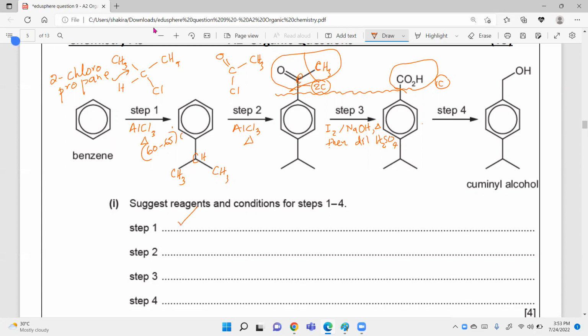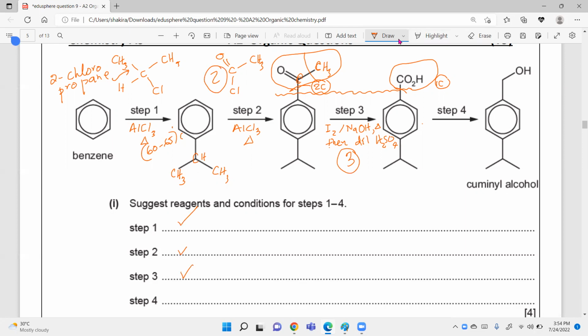Okay. Step 2, all right. This is step 2. And step 3, of course, we have done. Now what is this? In step 4, we have a carboxylic acid functional group.